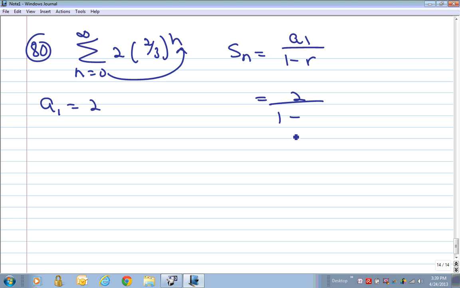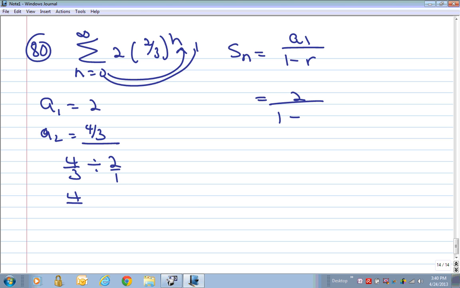1 minus the ratio. Well, to find the ratio, we need a second term. So we're going to plug in a 1. And we have 2/3 to the first power is 2/3. 2/3 times 2 would be 4/3. All right, now we have 4/3 as our second term. We want the ratio. The ratio would be the second term, or 4/3, divided by the first term, which is 2 over 1.